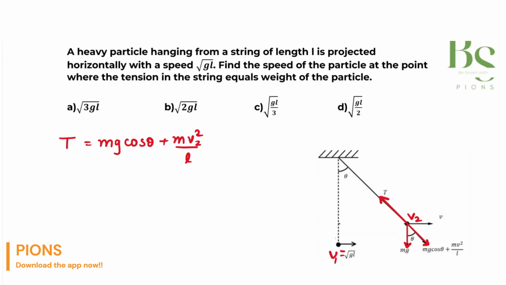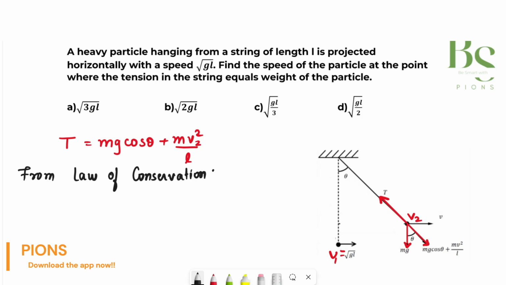So let's apply the law of conservation of energy. What is the energy at this point? It's a pure kinetic energy, no potential energy at this point, the mean position.